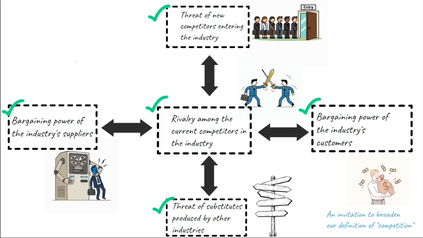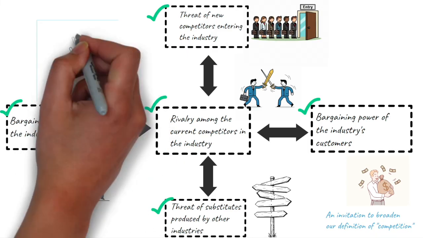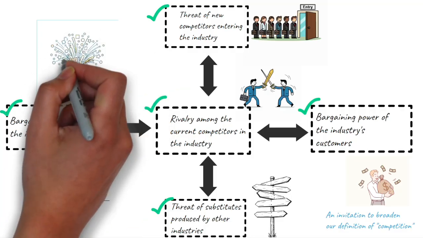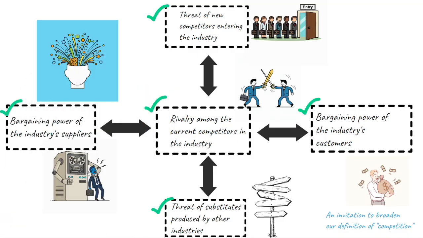There are these four other forces that do play a role in driving the profitability of the industry. And that's why it's important to broaden our definition of competition, and to think about the broader set of economic actors in the firm's environment who pose a threat to our profitability, whose interests are in conflict with our own. And that's one of the main goals and benefits of Porter's five-force framework.